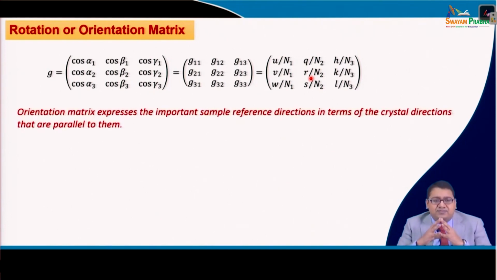So, you see, the orientation matrix basically expresses the important sample reference directions in terms of the crystal directions that are parallel to them.